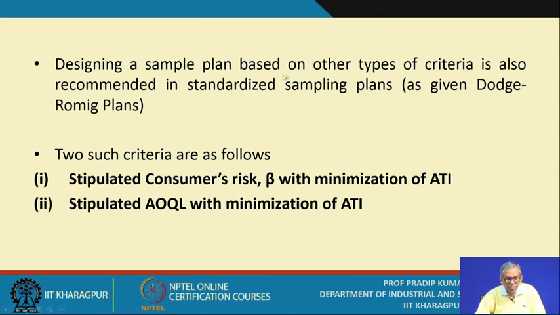Designing a sampling plan based on other types of criteria is also recommended in standardized sampling plans, as given in Dodge-Romig plans. Two such criteria are as follows: stipulated consumer risk beta with minimization of ATI, and stipulated AOQL. We have already explained what is AOQL with minimization of ATI. ATI we have already explained, and similarly you know what is the consumer risk and the stipulated AOQL.